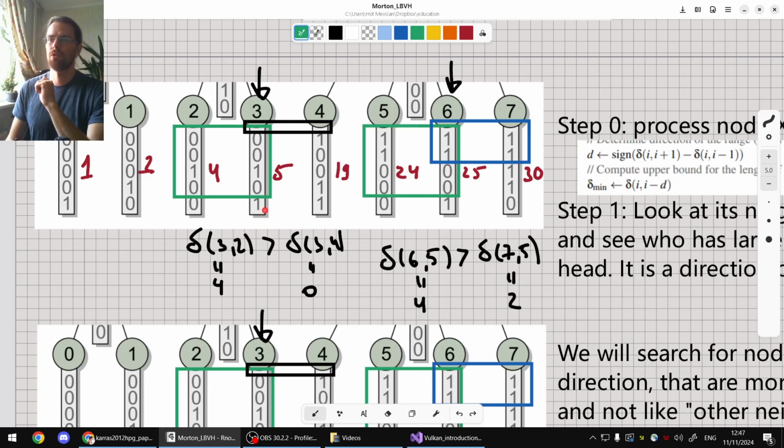And we can easily do it just by the difference between the nodes' head lengths. 0 minus 4 produces minus 4, and that means the distance is measured so that to the right is the positive direction, and you take the sign; minus means we will traverse in the negative direction and search for nodes that are like this node.